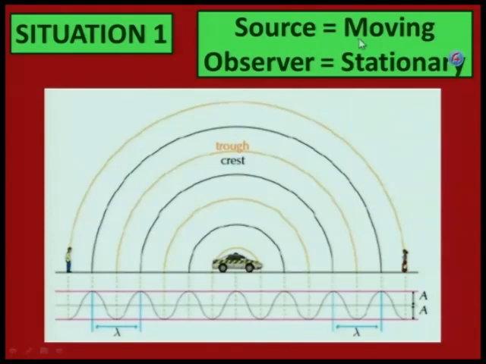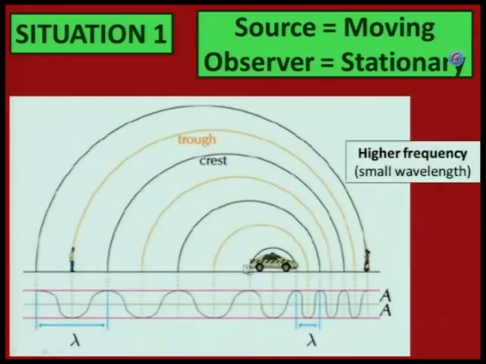The source is moving, the observer is stationary. So here is the source, this is a police car, and here is a man standing still, stationary, and here is a lady standing still, stationary. Now the source is going to start moving.